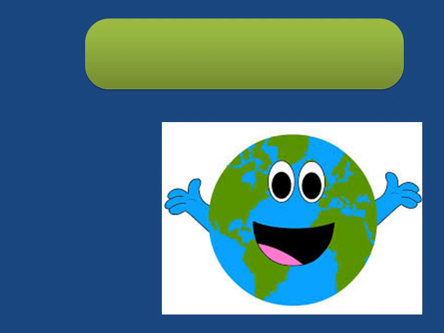Otherwise, there will be big trouble for us also. We and the other animals will suffer a lot if there is an imbalance in nature. There is a particular system in which Mother Earth is maintaining the balance in nature. We will have to follow that way.